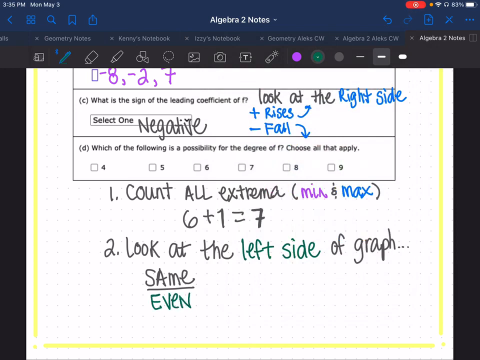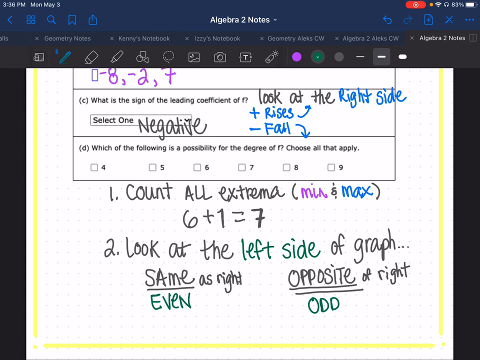So you would pick 4, 6, or 8. If it's the opposite of the right, which means it is odd, then you're going to pick 5, 7, or 9.